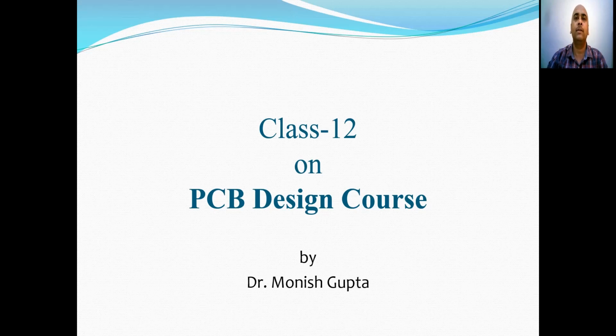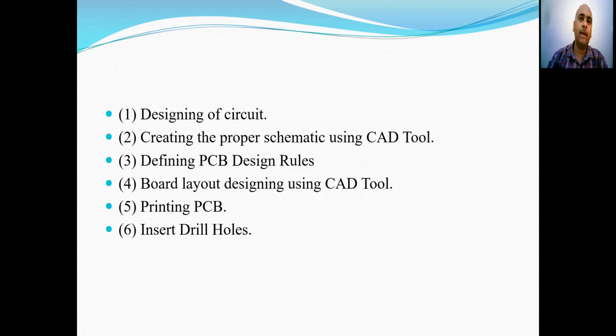In this class, we will discuss the complete process for printing the PCB. The first step in printing the PCB is designing of the circuit. Second step is creating the proper schematic diagram using some computer aided design tool.